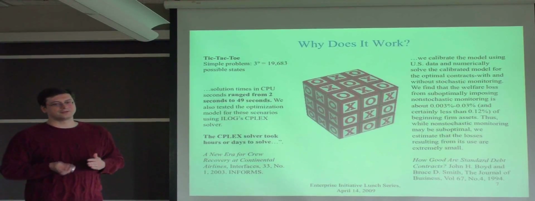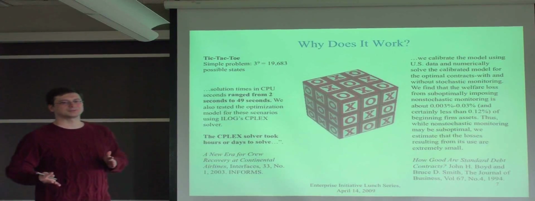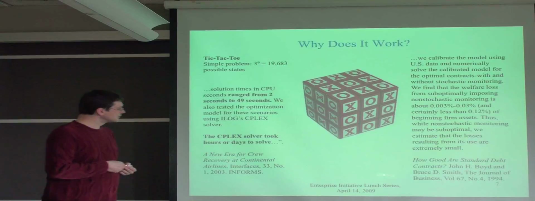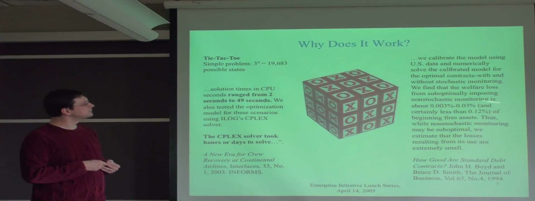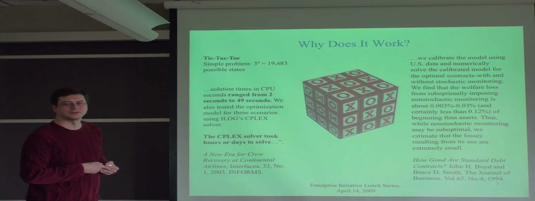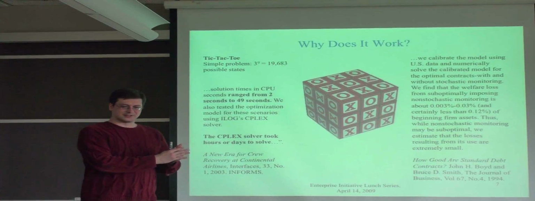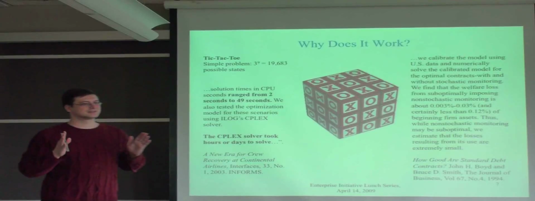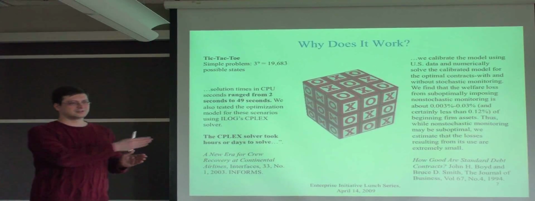So it seems that economic theory proved the point that government should monitor the entrepreneur, and that the standard debt contract might not be optimal. But then those authors tried to put a number on that, and they found out that the welfare loss from suboptimally imposing non-stop costly monitoring is just 0.003 of 1 percentage point. So analytically it seems clear that the standard debt contract is not optimal and you should switch to random monitoring.